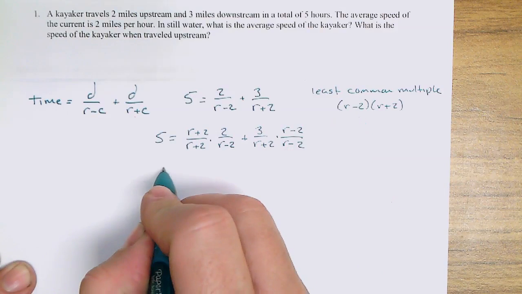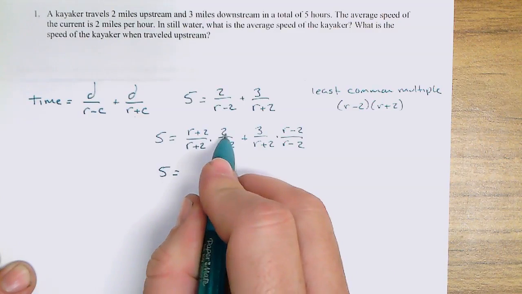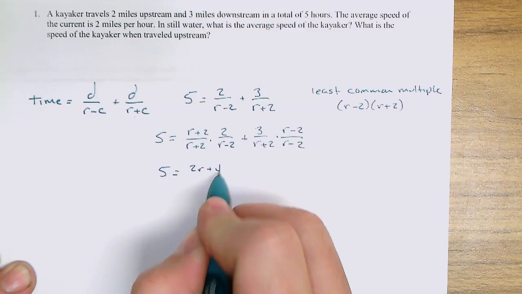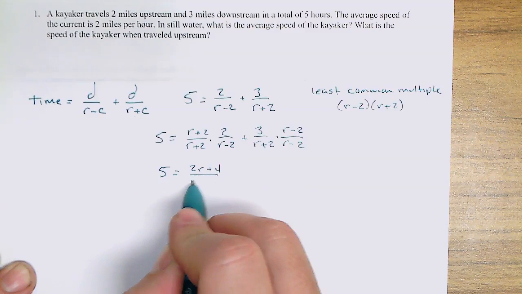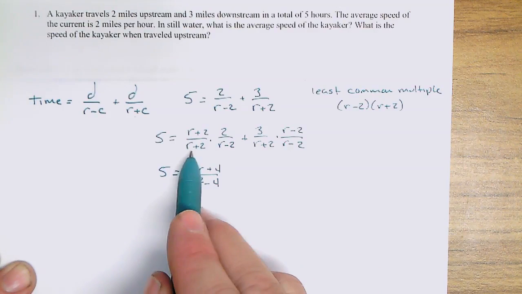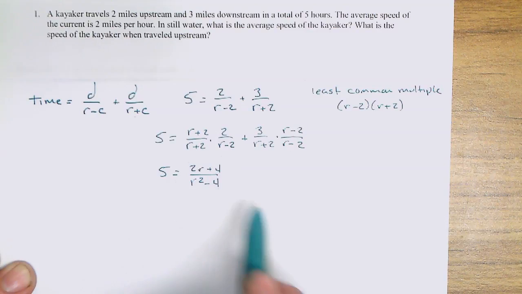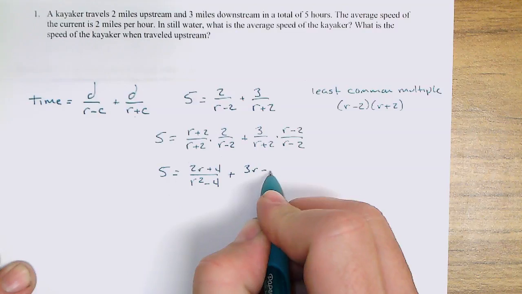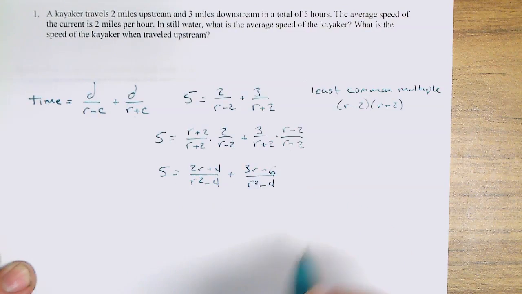So then we simplify these, and remember to distribute the 2 to both terms. 2r plus 4 over r squared minus 4. So r plus 2 times r minus 2 is simply r squared minus 4, plus 3r minus 6 over r squared minus 4.